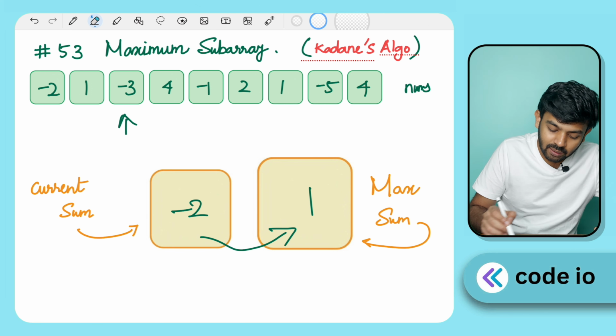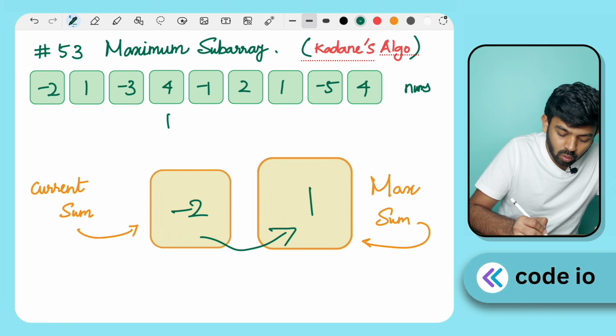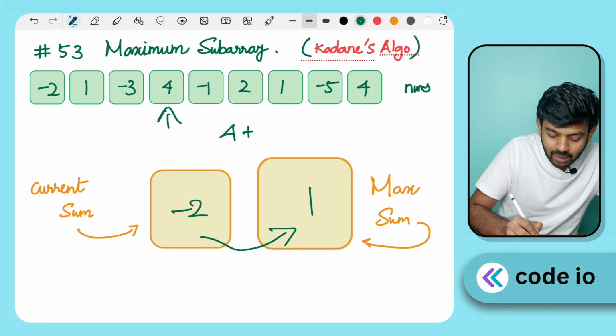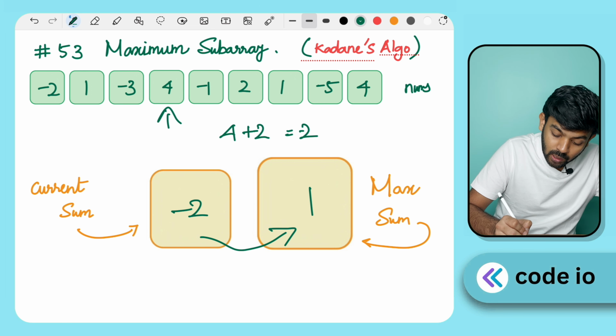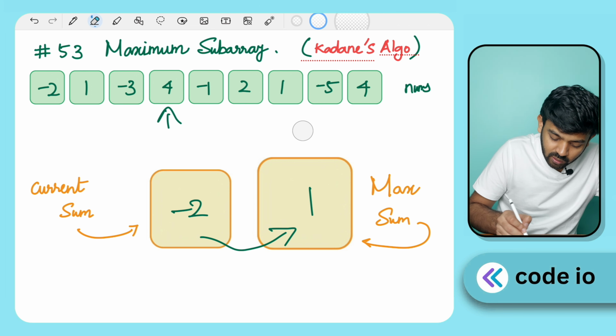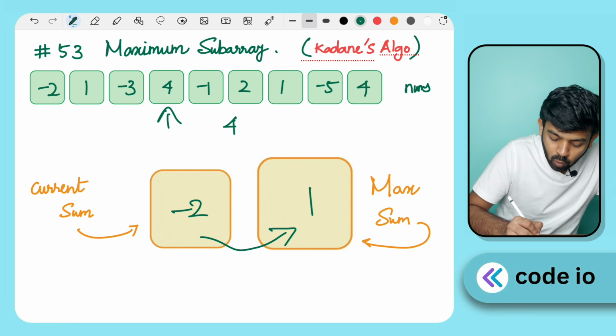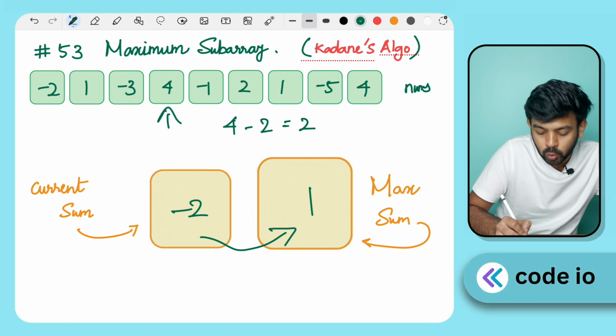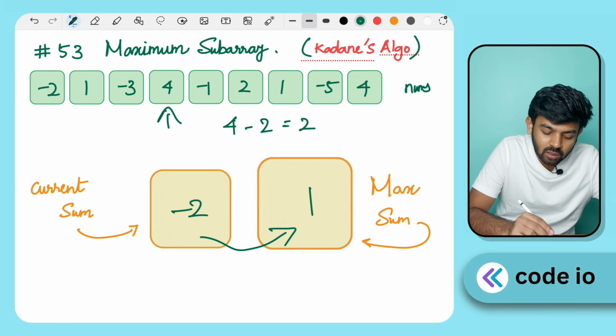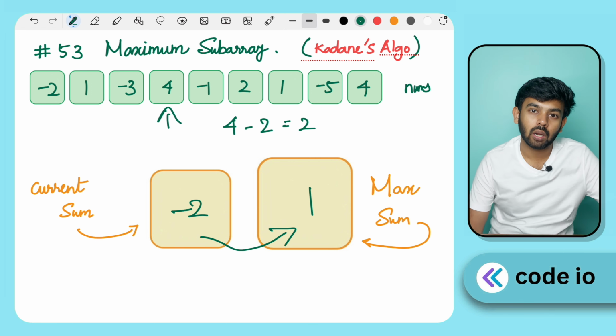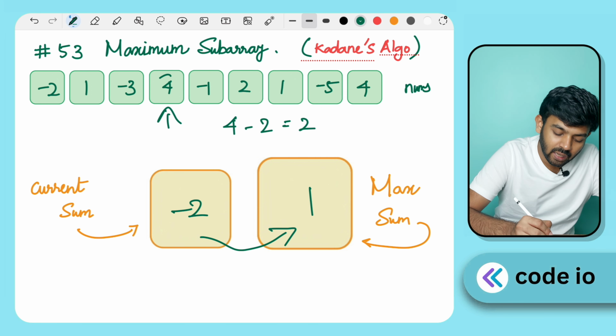Moving over to the next iteration, we have 4 here, and when you add this 4 with your current sum, which is minus 2, that is going to give you plus 2, right? This is not clear, let me write that again. 4 minus 2 is going to give you 2, and 2 is not greater than your nums of i. Nums of i in this case is 4.